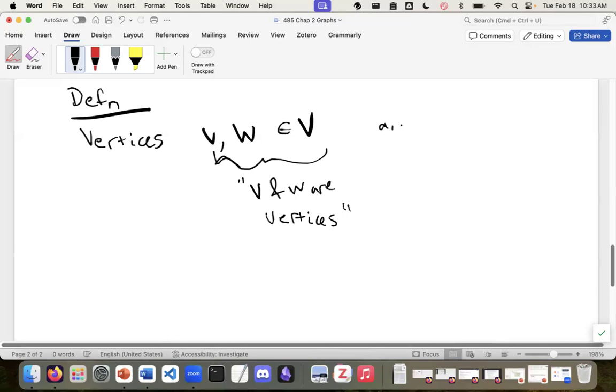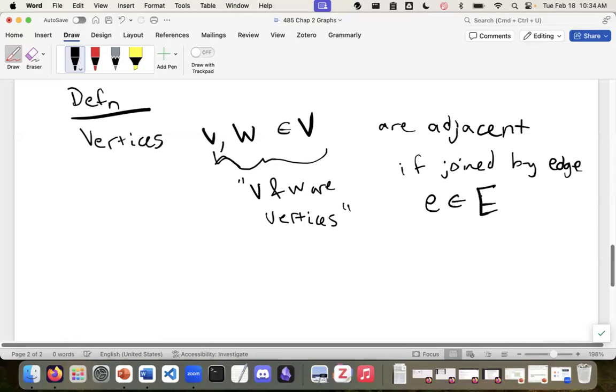So these vertices are adjacent. We say that two vertices are adjacent if they're joined by an edge, which we can denote e, lowercase e, in capital E. This is fairly common where if we just want to refer to an edge, we'll use a lowercase e.